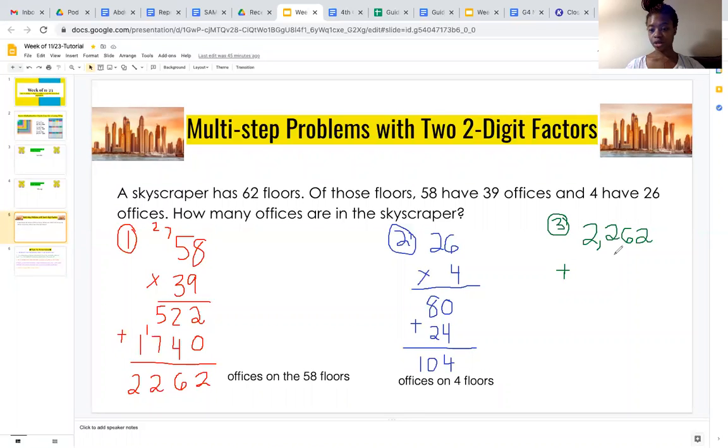So those 4 floors, or those 104 offices, in order to figure out the total number of offices. And once we do that, we end up getting 2,366 offices altogether. So there we've answered the question, we've solved the problem.